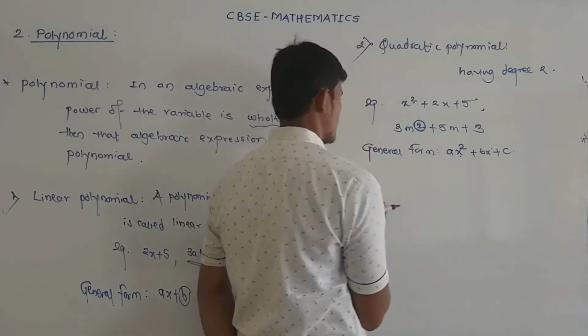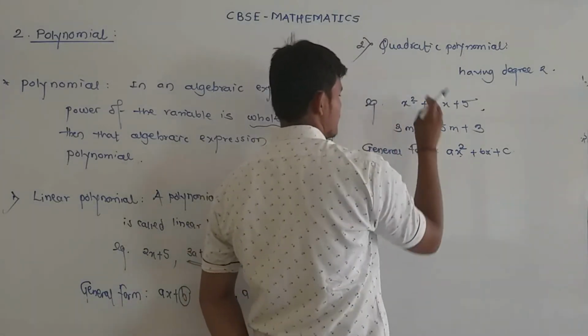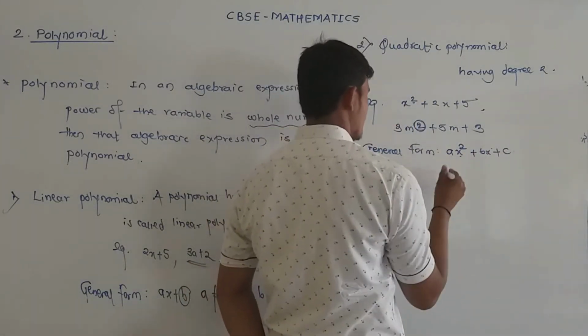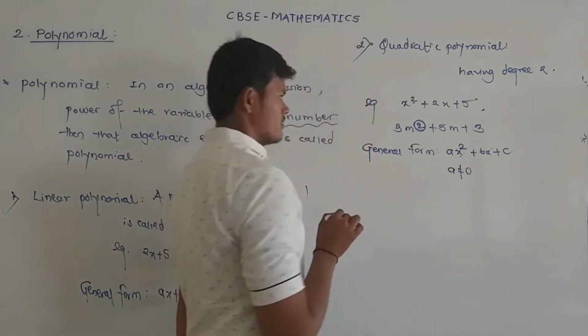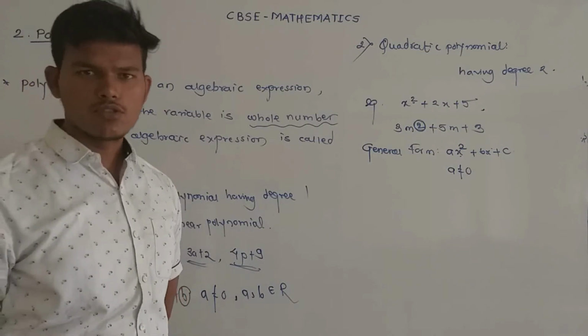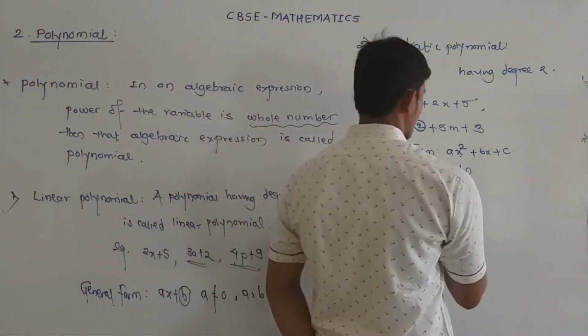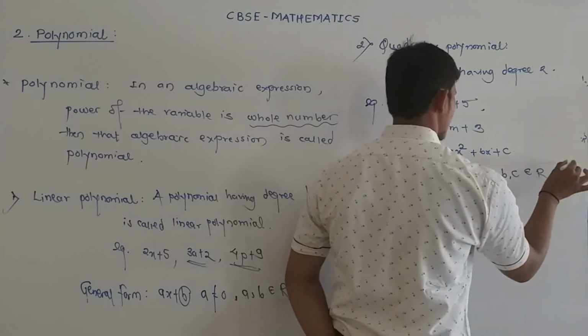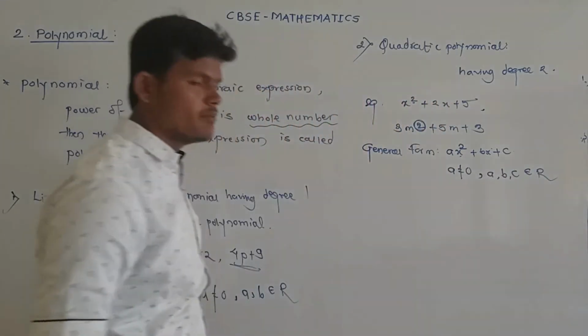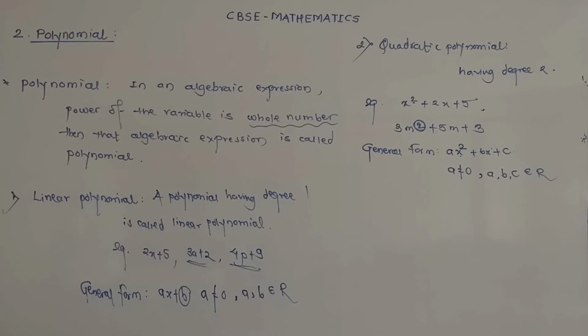Okay, this is the general form of quadratic polynomial ax square plus bx plus c, where a is not equal to 0. That means b and c may be equal to 0, but a is not equal to 0, where a, b, c all belong to real numbers. That means a, b, c are the coefficients.